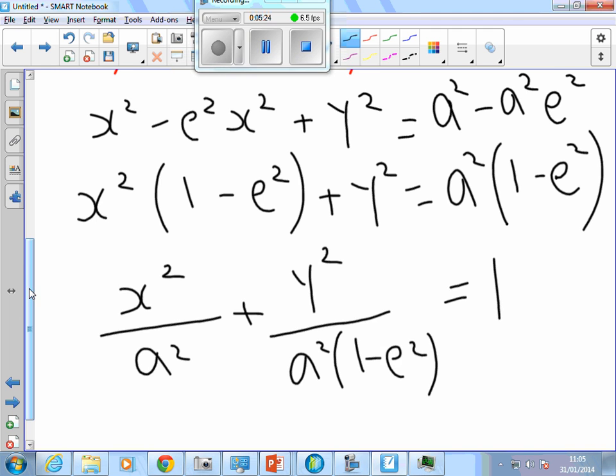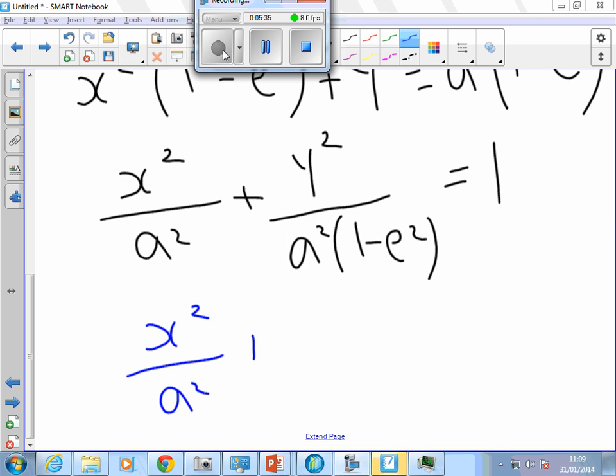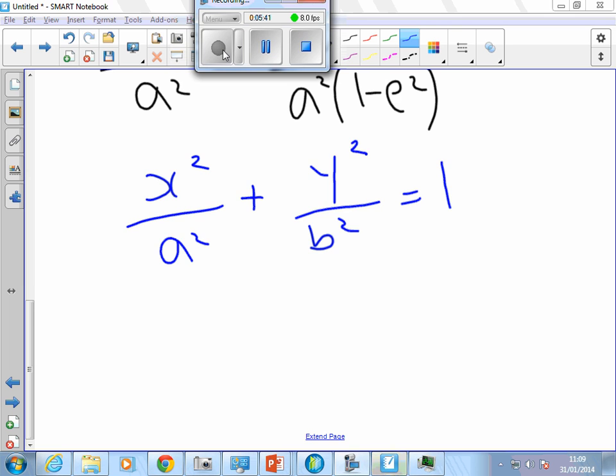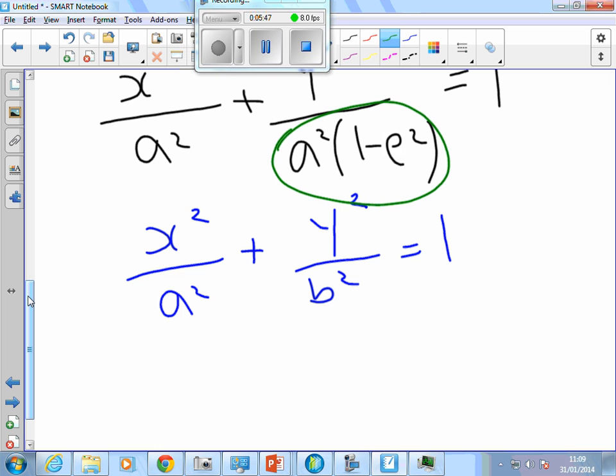So we know in an ellipse, in the case where x squared over a squared plus y squared over b squared equals 1. Now this would make an ellipse if this term satisfies the condition that it has to be positive.